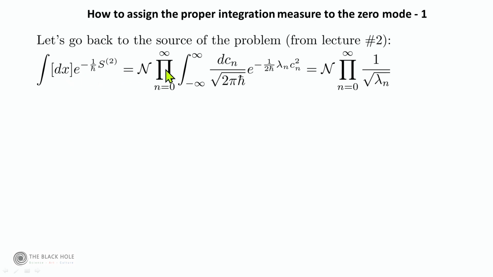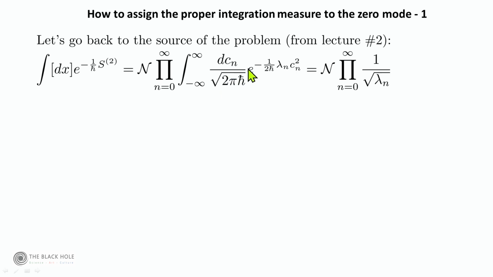But integrating over the xi's means that we're actually integrating over all the cn's. And don't worry about this square root of 2 pi h bar, because that's just a convenient normalization, which we can easily slip into this normalization N. And we'll be able to figure out what this N is with or without this. Anyway, this is just convenience over here.